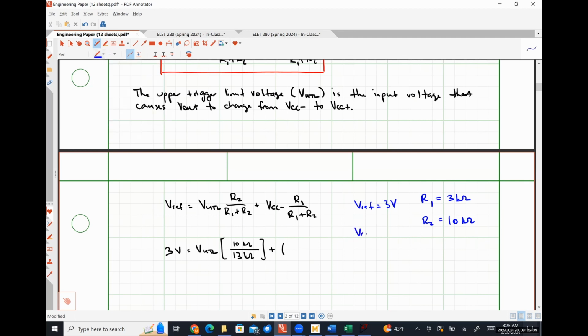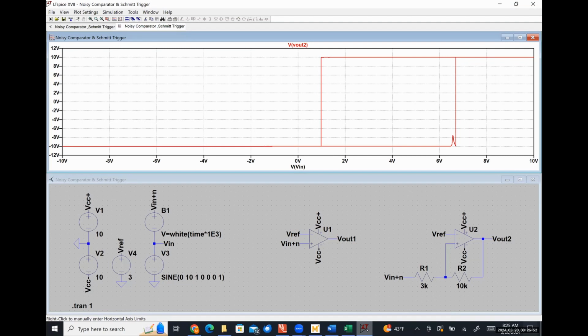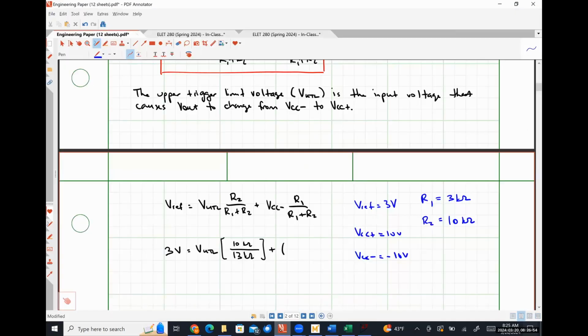So if I'm not mistaken, VCC plus was 10 volts and VCC minus was negative 10 volts. Let's just double check that really quickly. Absolutely. And that's going to look like 3K over 13K.